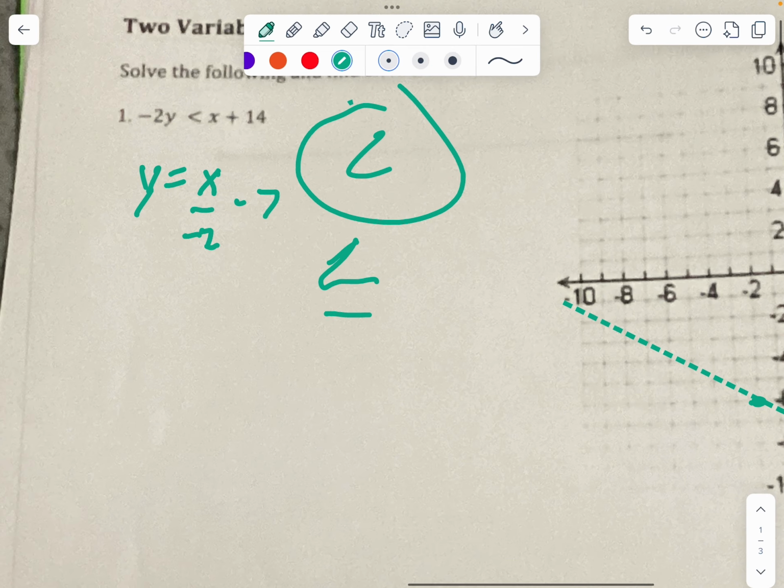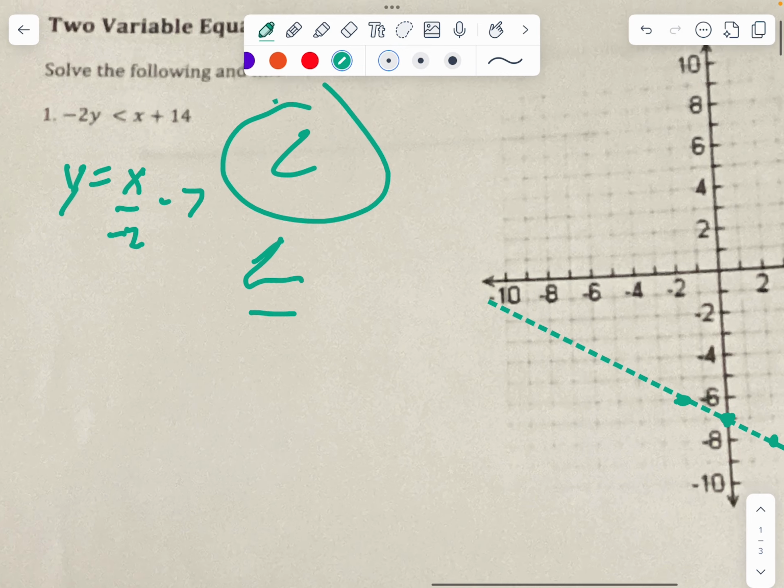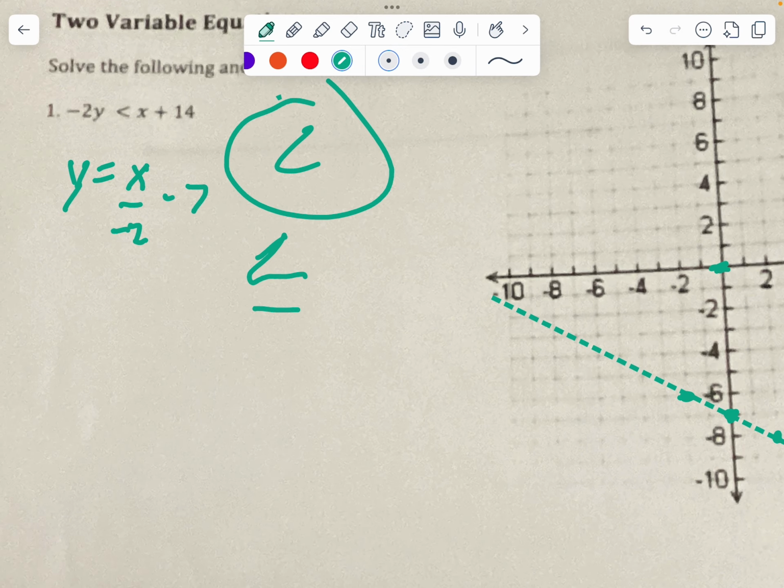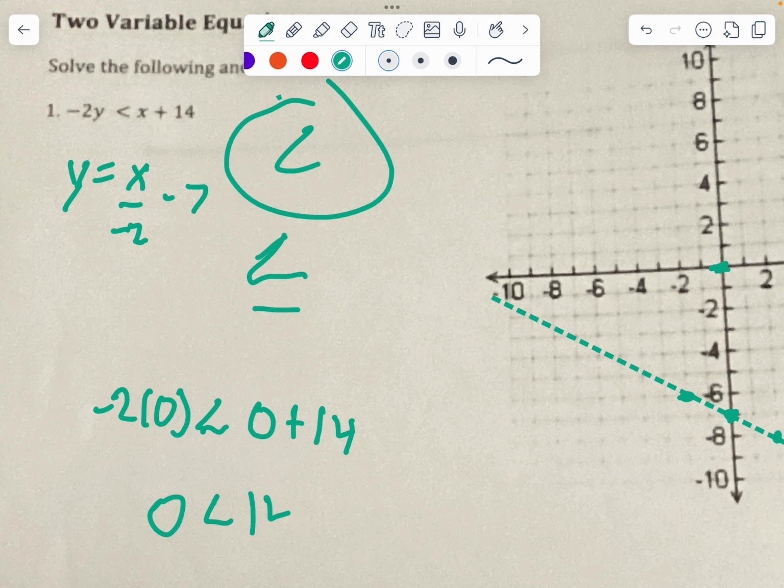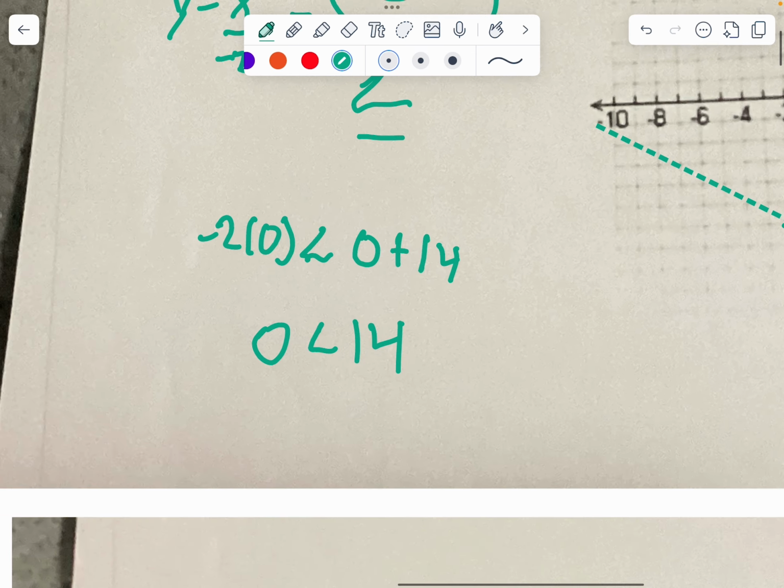And now we'll test the point 0, 0 in the original equation. So negative 2 times 0 is less than 0 plus 14. 0 is less than 14. This is true.